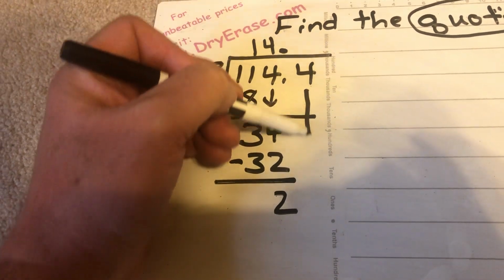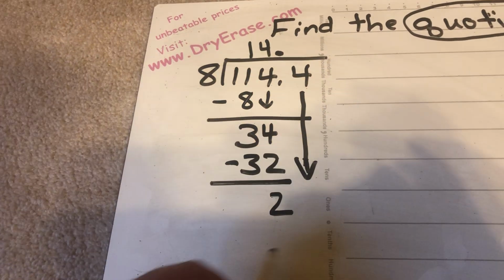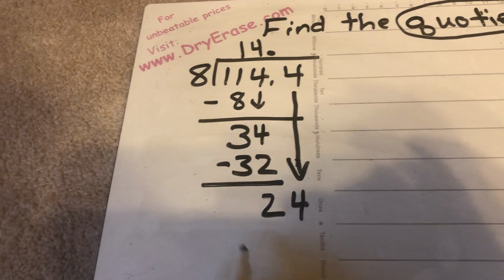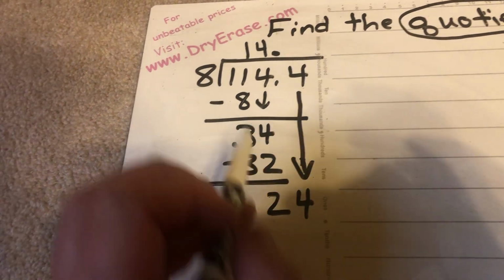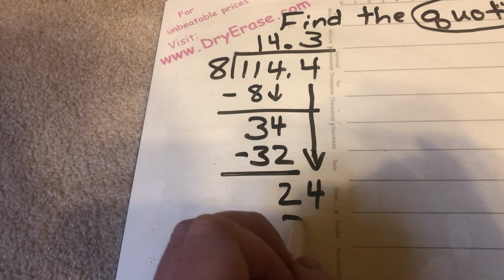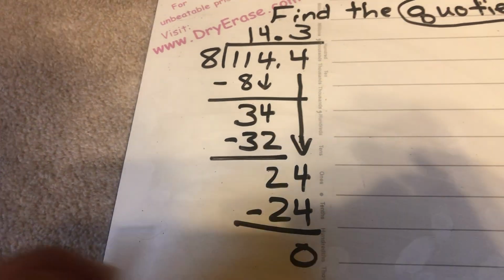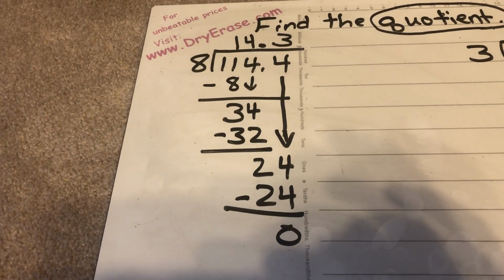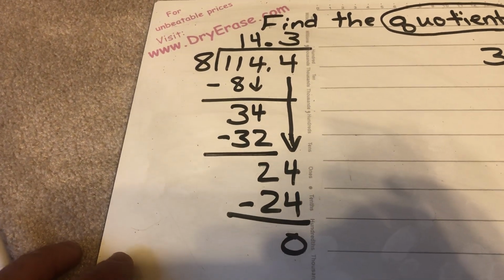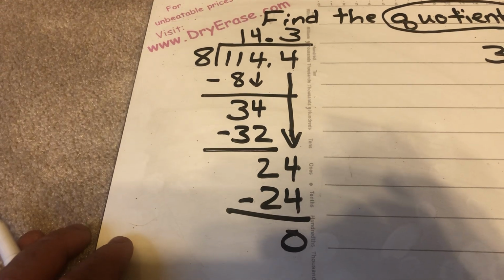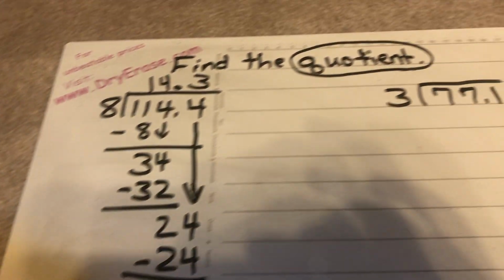I go ahead and I bring this 4 down, and I think to myself, well, how many times can 8 go into 24? Well, I believe that's 3 times, because 3 times 8 is 24. 24 minus 24 is 0. And for the most part, you're not going to get remainders, but sometimes you will, and we'll talk about that here in a couple of minutes.